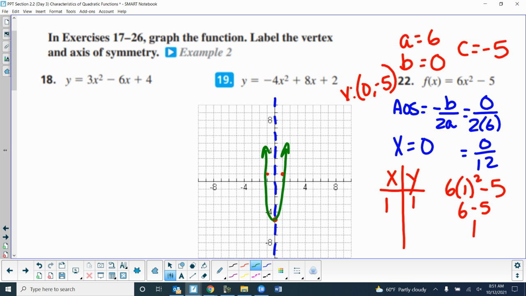So it's been stretched vertically by a factor of what? Real skinny, right? It moved down vertically 5 from our parent function. Okay? So that was tricky because the b was 0. But once you realize b is 0, it's not bad, right?